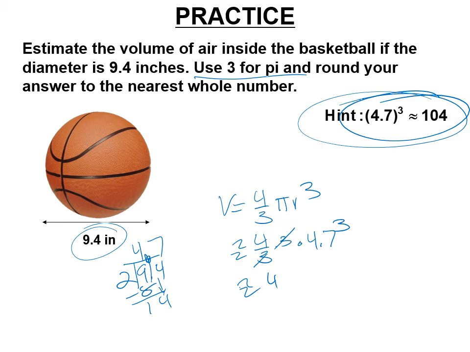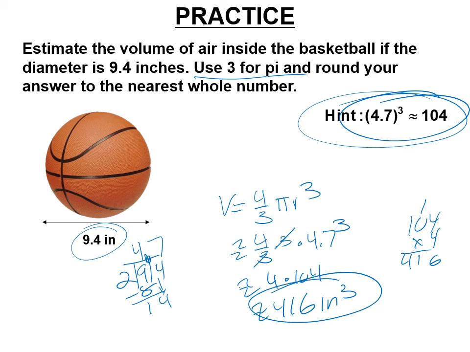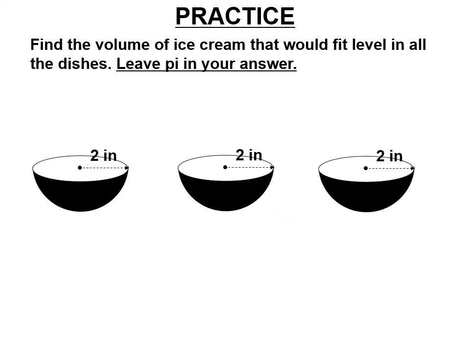So it's 4 times 104, which is approximately 416 cubic inches of air in a normal basketball. And the number one thing, remember, if I give you the diameter, you almost always need a radius for volume.